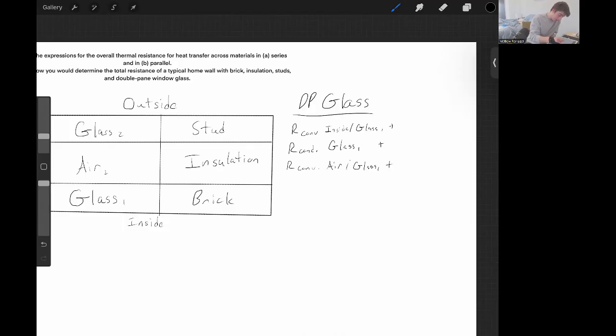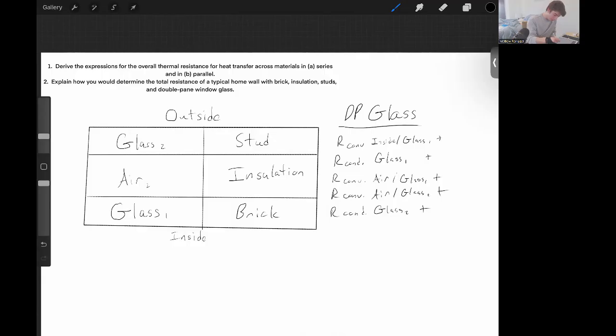And then we actually have a second convection in this step because we also have the heat transfer from glass one going into air, and then the heat transfer of the air going into glass two. We're going to add that, and now we have the thermal conductivity of glass again. And then we add that to the outside convection.